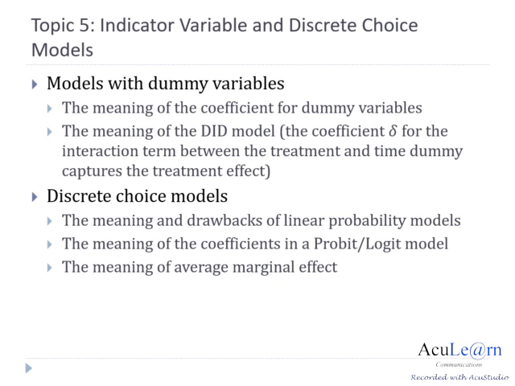It's changing everywhere, and it tends to be big when the term inside the bracket is close to 0, and it tends to be small when the linear term in the bracket is either very big or very small. So you cannot just interpret the coefficient before x in the probit and logit model as the marginal effect.